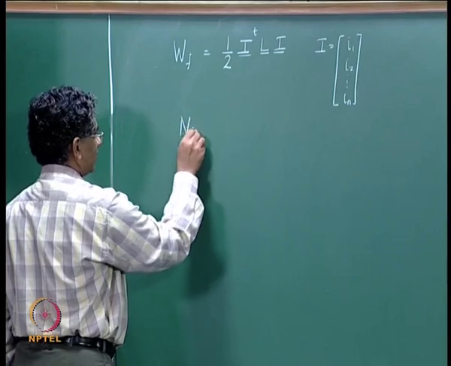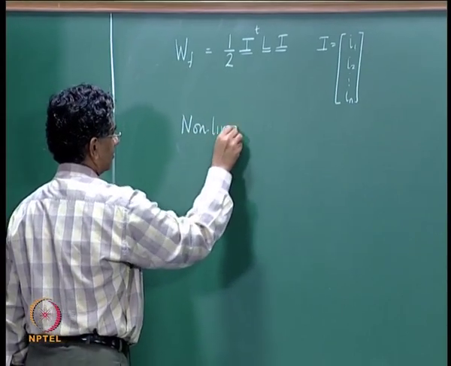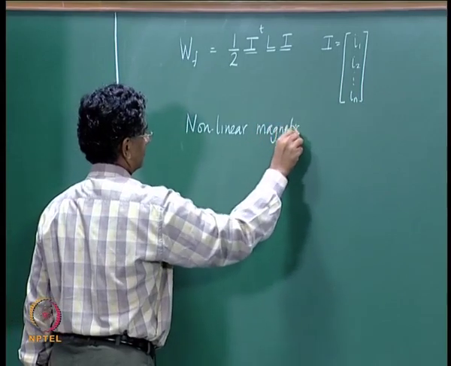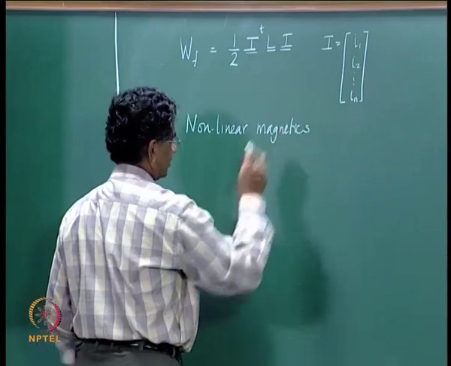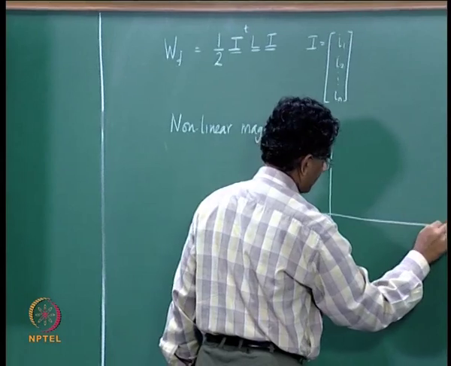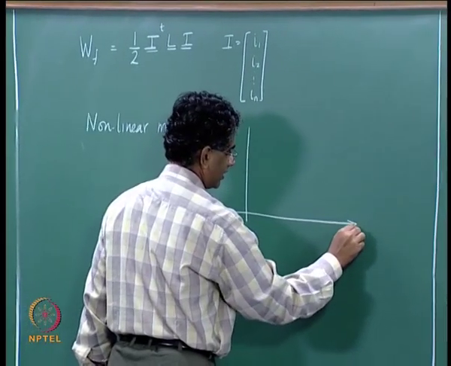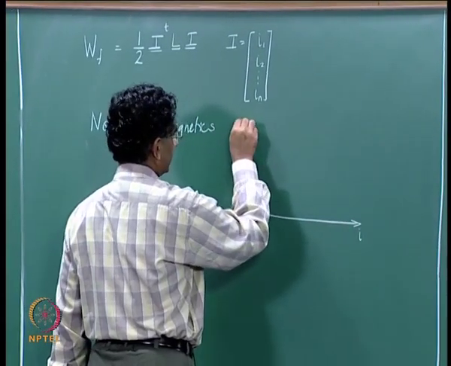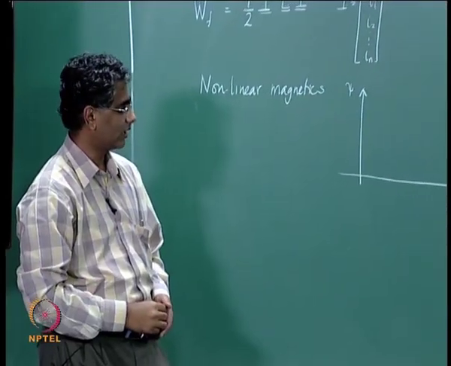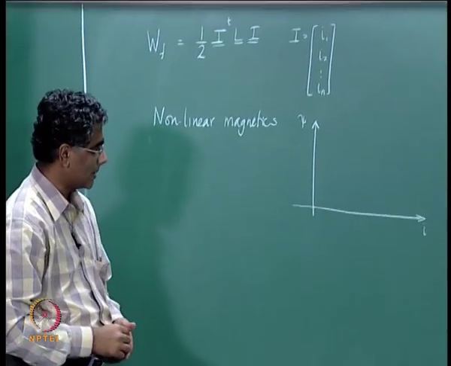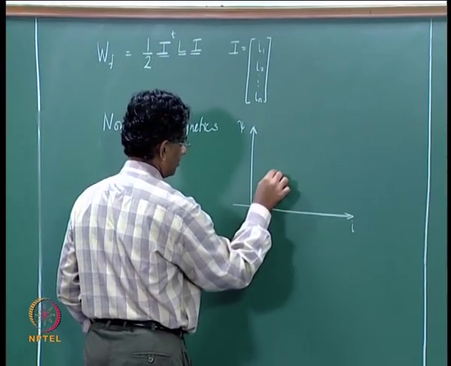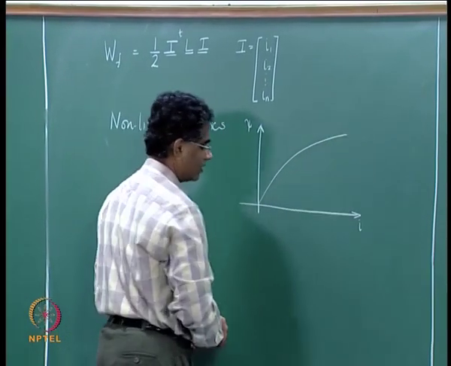We started looking at nonlinear magnetic circuits, characterized by a relation between current and flux linkage. Let us consider a single excitation I and a flux linkage psi; the relationship between them is not linear and is a nonlinear curve.